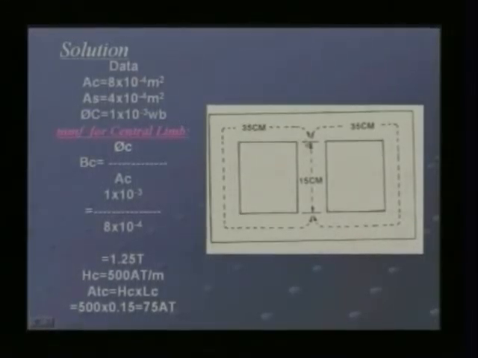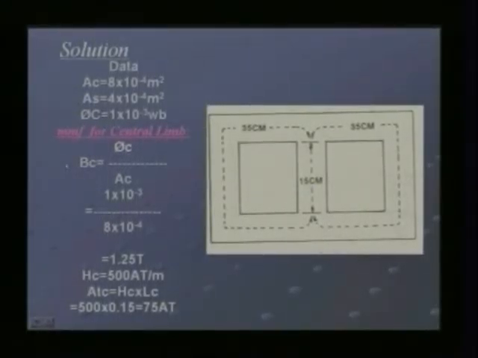Now, to calculate the total mmf required for the whole iron path, we have to calculate the mmf in the central limb and the mmf required in any of the side limbs. First of all we calculate mmf for the central limb.